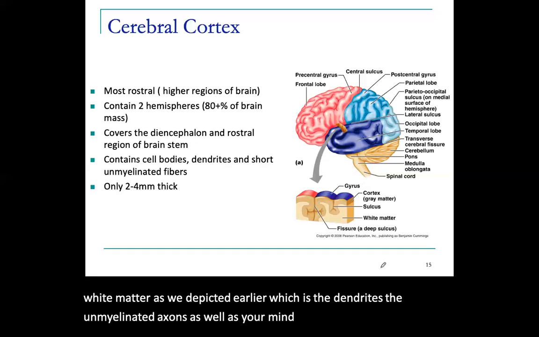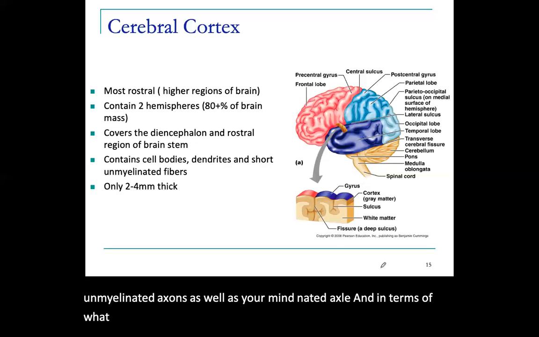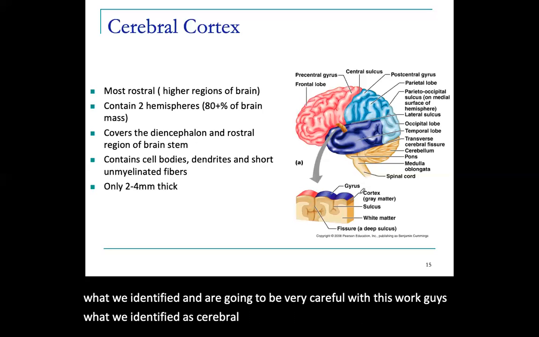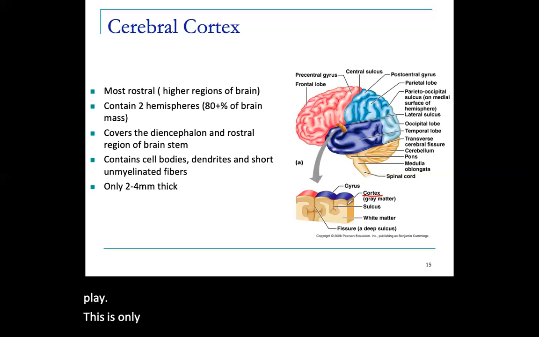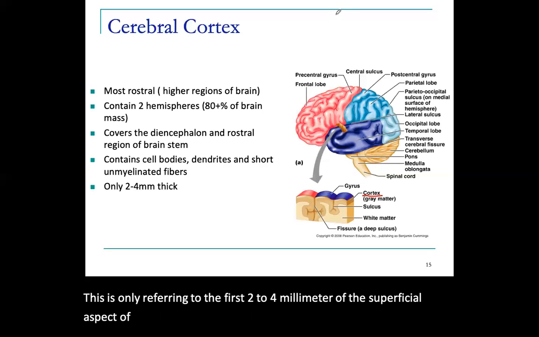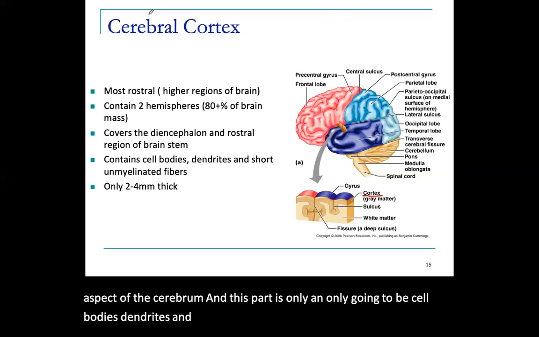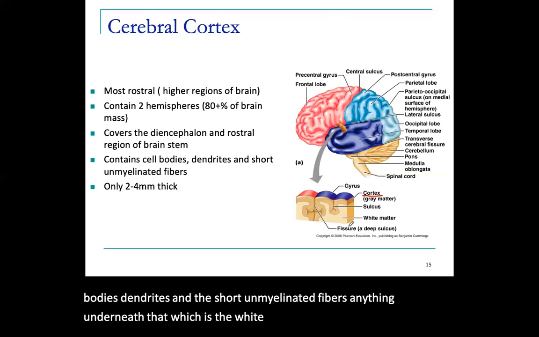And in terms of what we identified, and I'm going to be very careful with this word, guys, what we identified as cerebral cortex, the word cortex, when it comes into play, is only referring to the first 2 to 4 millimeters of the superficial aspect of the cerebrum. And this part is only going to be cell bodies, dendrites, and the short unmyelinated fibers. Anything underneath that, which is the white matter, will not be called cortex.